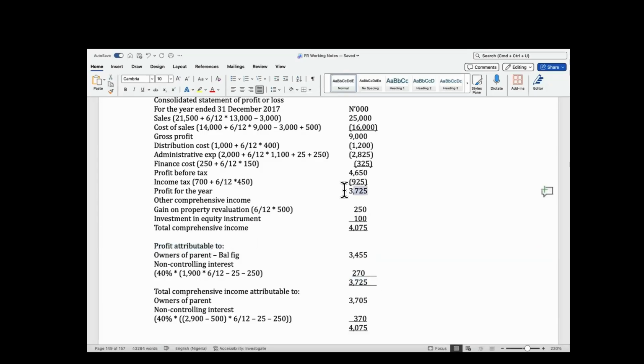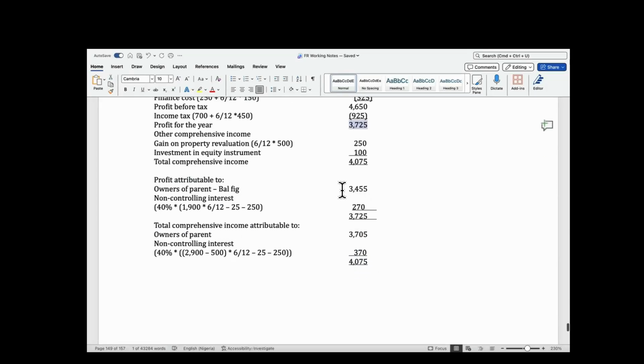That's that. We have shared this. Additionally, you're also going to share this total. That's how it's done. So I did total comprehensive income attributable to owners of parents and NCI. In the same vein, you calculate NCI first.